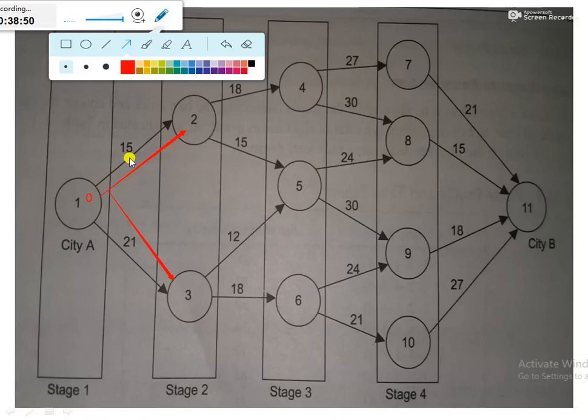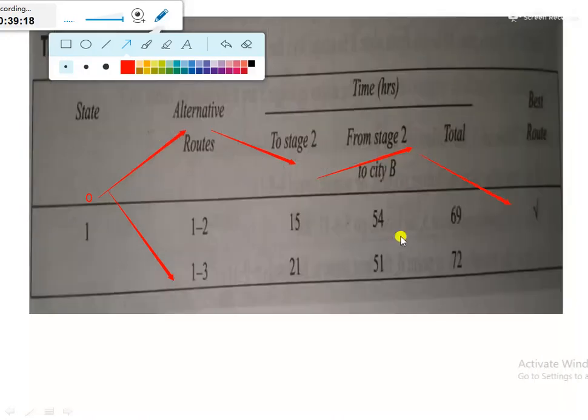After reaching point 2, as we discussed in the previous part of this video, the best route is from 2 to 5, 5 to 8 and 8 to 11. So the total time taken would be 69 hours.